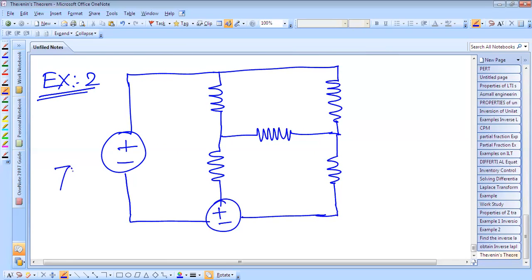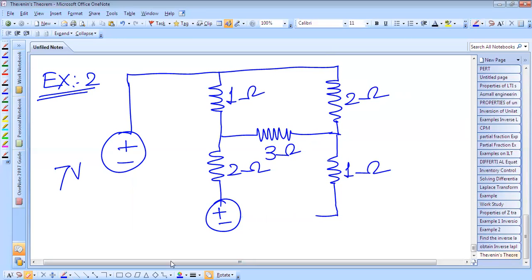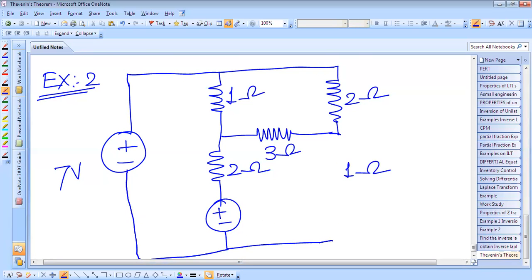So this voltage source is 7 volt, and this is a 1 ohm resistance, 3 ohm resistor, 2 ohm resistor, 1 ohm resistor, and 2 ohm resistor. So this is a 6 volt battery.